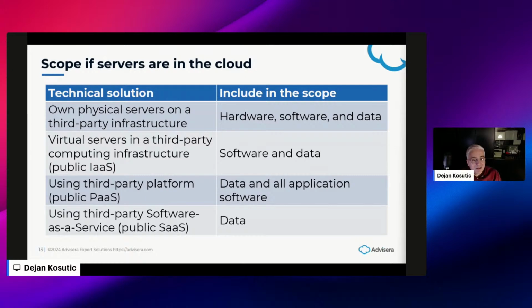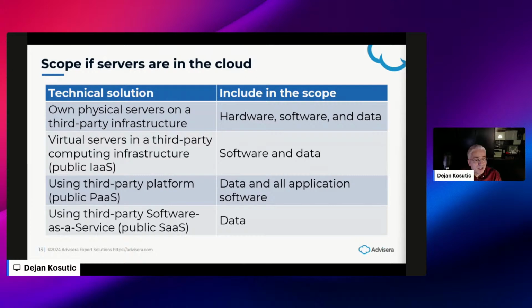Basically the main idea here is that you can include in the scope only the things that you directly control. For example, if you have your own physical servers placed in a rack in a third-party data center, this is the first row in this table.